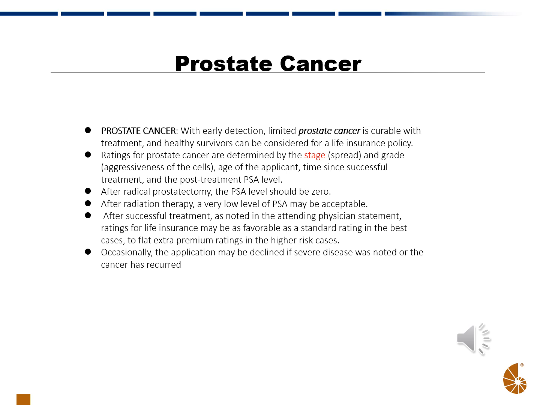So typically a Gleason 3 + 3 = 6 is found. So after radical prostatectomy, the PSA level should be 0. After radiation, there may be a low level of PSA, which still may be acceptable. And we can often take survivors of prostate cancer for life insurance with or without some sort of rating.